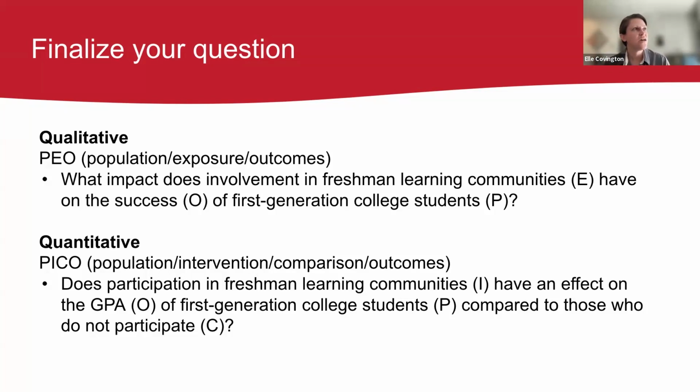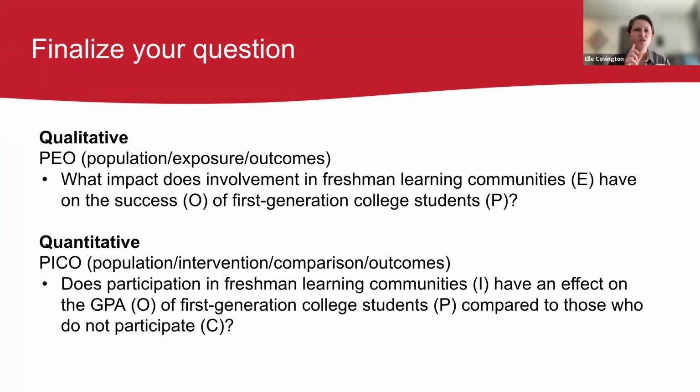And then for the quantitative, we're looking at that PICO again, that classic systematic review framework. Does participation in freshman learning communities, so that's our intervention, have an effect on the GPA, right? So we've got a very specific outcome, whereas we had sort of success, and we would still need to figure out how to measure success.